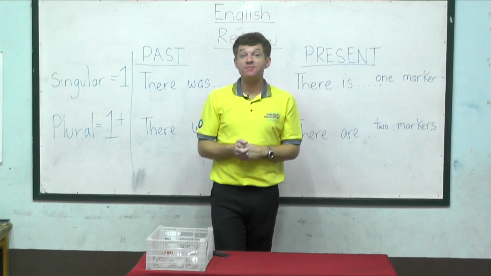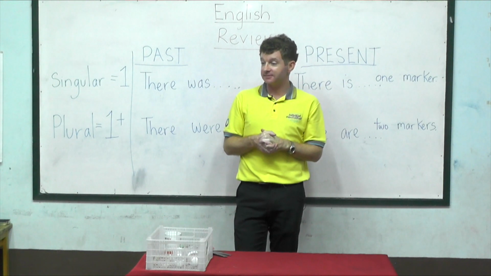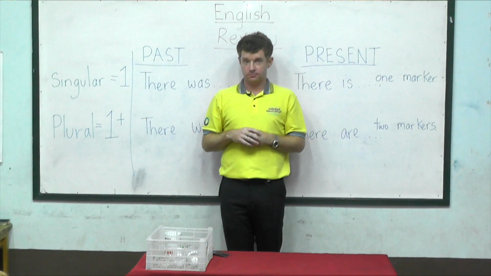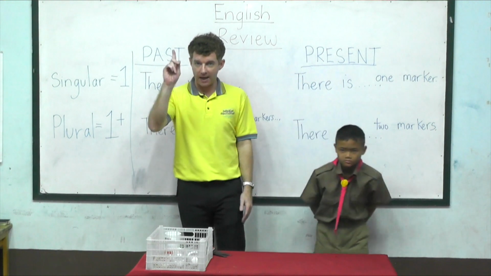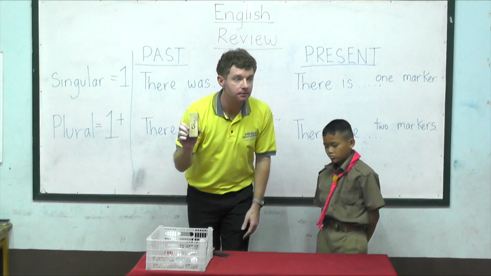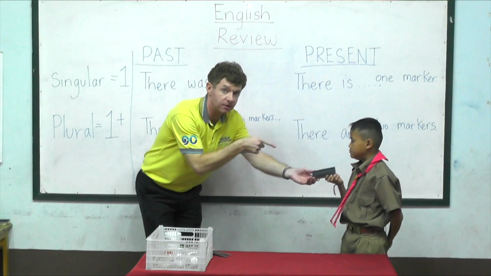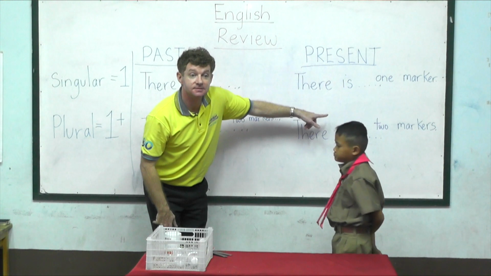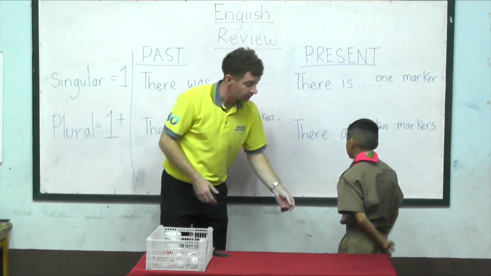And now it's time for our final student. So can Chu come and join us at the front of class, please? Let's see what we have for Chu. So if you can stand here, please. Excellent. So guys, what's this? Eraser. How many? 1. So I give the eraser to Chu. Singular item, present tense. There is 1 eraser. And then Chu, can I have the eraser?